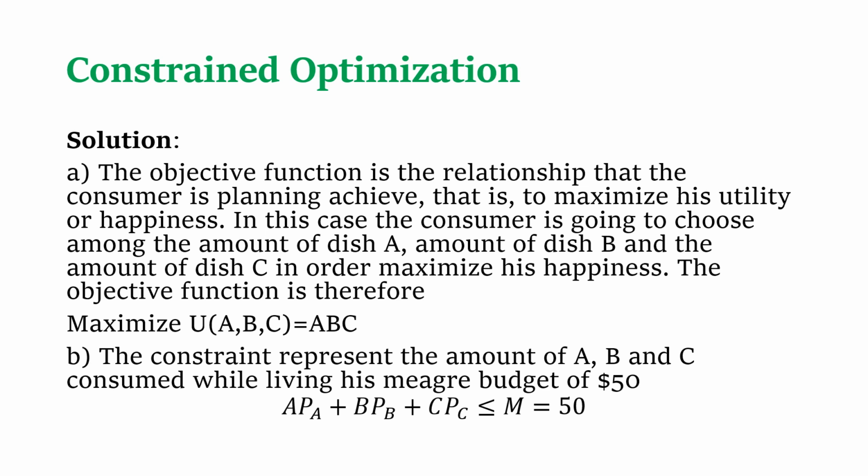So, as I said earlier, you have maximize U(A, B, C) equals ABC. That's it. That's your objective function. And then what's your constraint? The expenditure on the goods must be less than or equal to M. It must be less than or equal to $50. That is your constraint, okay? Otherwise, you're going to go broke. Can you spend more than $50?